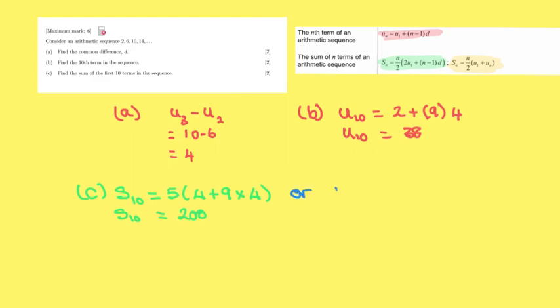Or S10 is equal to n divided by 2, which is 10 divided by 2, which is 5, times the first term, which is 2, plus the 10th term, which is 38. So S10 is equal to 5 times 40. So the sum of the first 10 terms is 200.